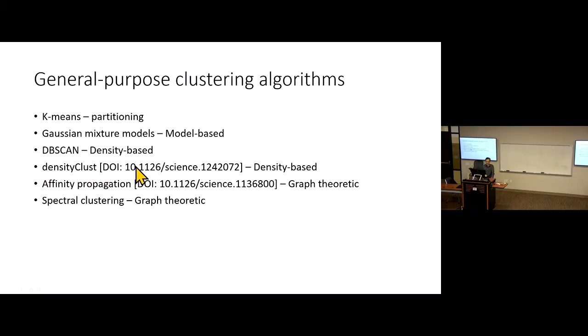Density cluster is an extension of DBSCAN. It's also density-based. Then there's affinity propagation. Their reference, if you are interested, is graph-based, and we will mention spectral clustering. Also, you treat the cells as nodes.